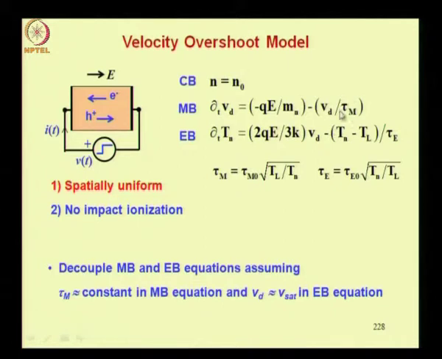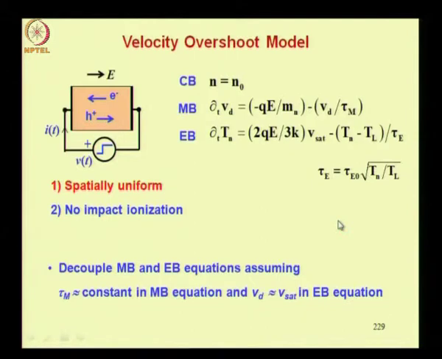And Vd is approximately equal to Vsat in the energy balance equation. The moment you set Vd as a constant equal to Vsat, you do not need this equation for this velocity, and the moment you set tau m as constant, you do not need the equation of the electron temperature to estimate this value. So the results are shown here.